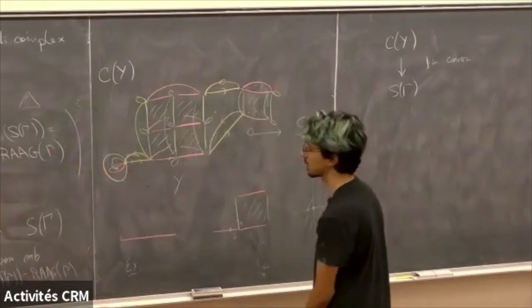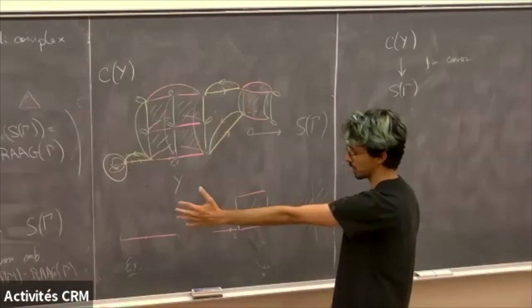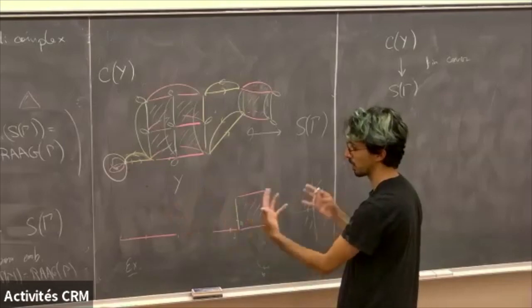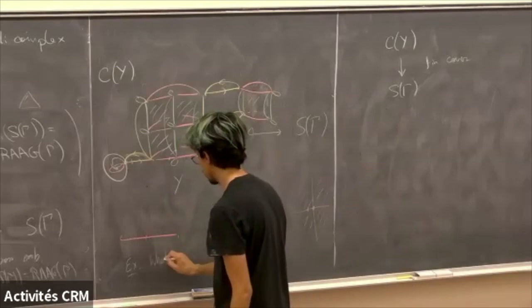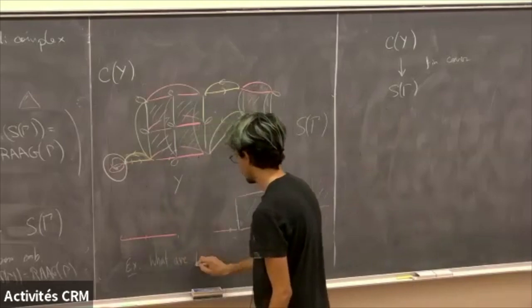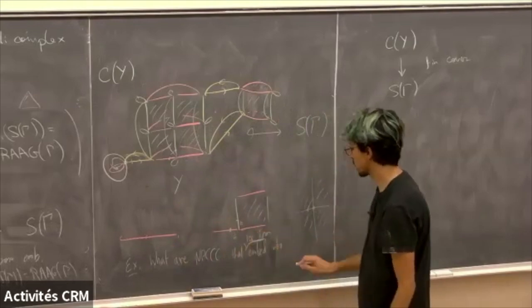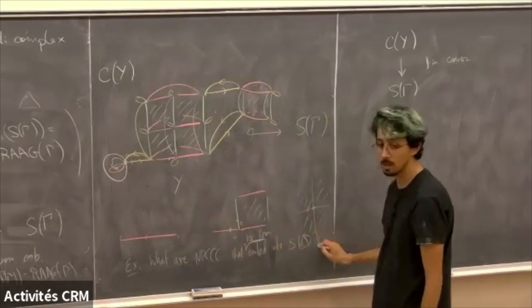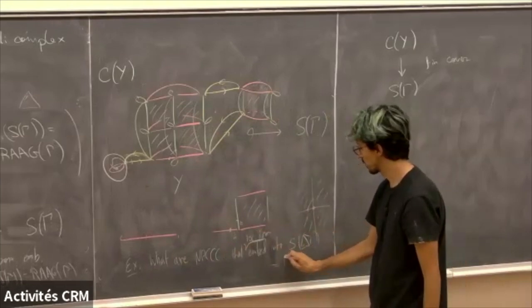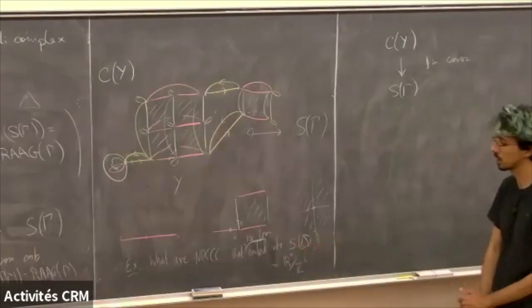What we really want to understand is what are the locally isometrically embedded complexes that embed into S of a clique, which is just the torus, with the standard structure.